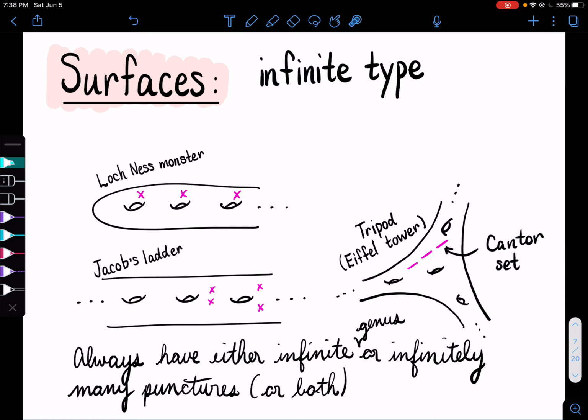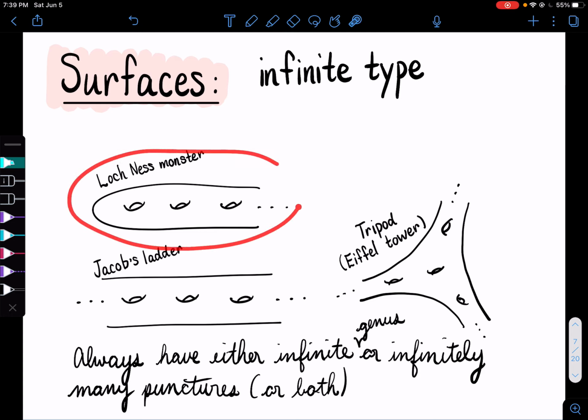In the finite type setting, we were always assuming finite genus and finitely many punctures. In the infinite setting now, we always have either infinite genus or infinitely many punctures, or we can have combinations of both. So let me just for a minute take off these pink ones. Okay, and then we'll come back to that in a second.